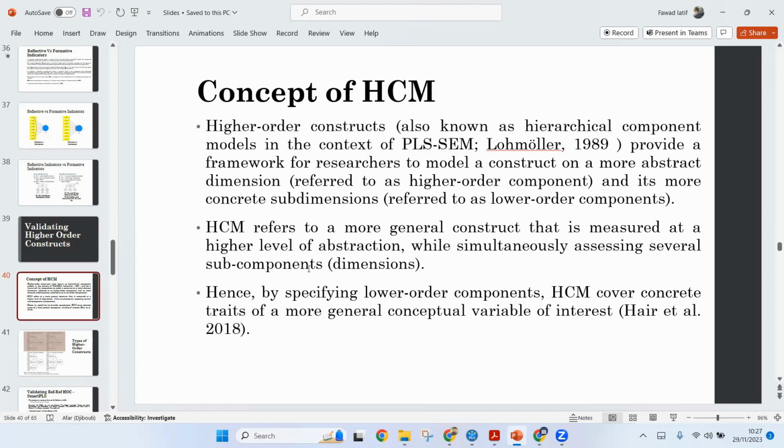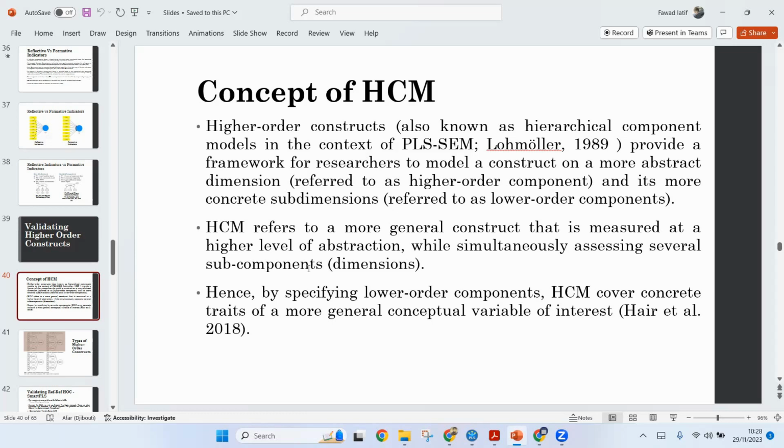So it is at a higher level an abstract phenomenon, not directly observable, a latent variable, that has subdimensions that lead us to understand what makes that higher order construct. Hence, by specifying lower order constructs, hierarchical component modeling covers concrete traits of more general conceptual variables. So these lower order constructs and their items help us measure the more general conceptual variable of interest. In this case, I've taken it as servant leadership.